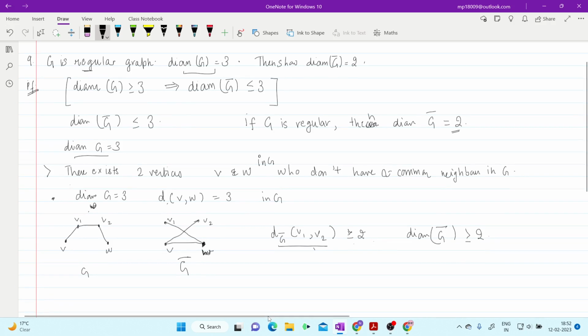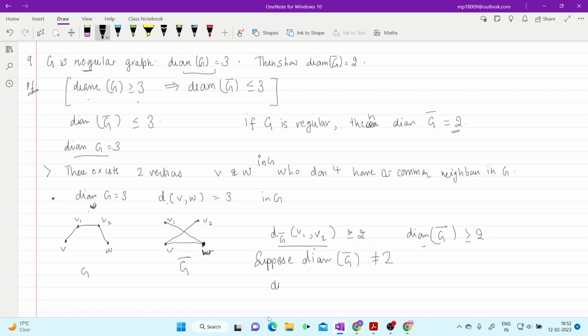But from this result we know that if diameter G is greater than or equal to 3, then diameter G bar is less than or equal to 3. And we have to show that if G is regular, then diameter G bar is 2. So suppose, we are proving it by contradiction, suppose the diameter of G bar is not equal to 2.